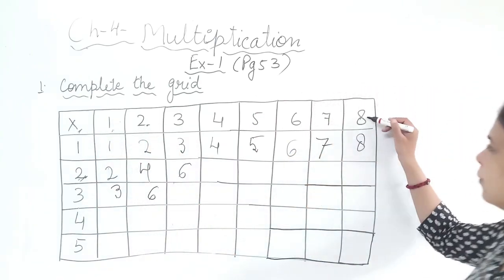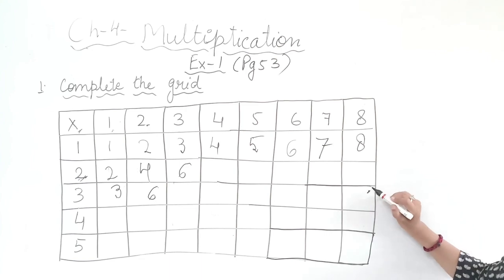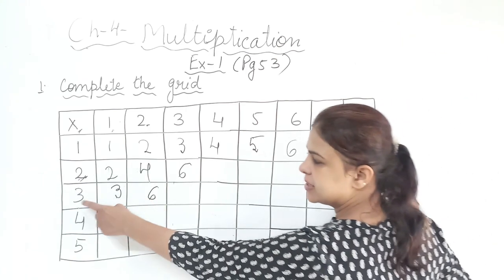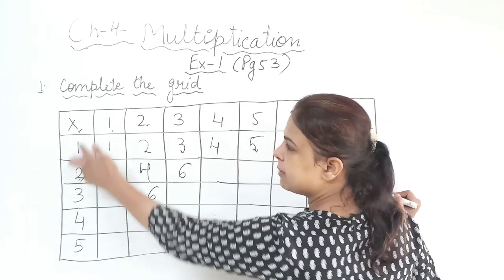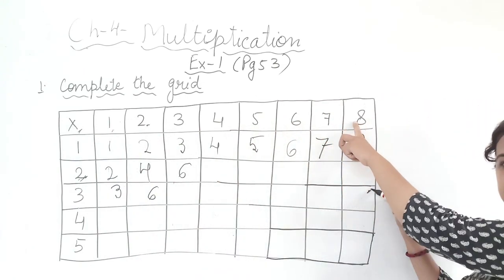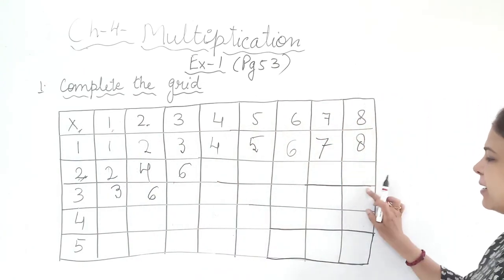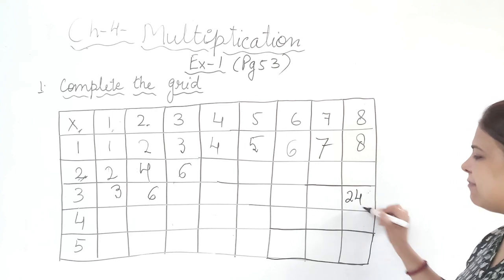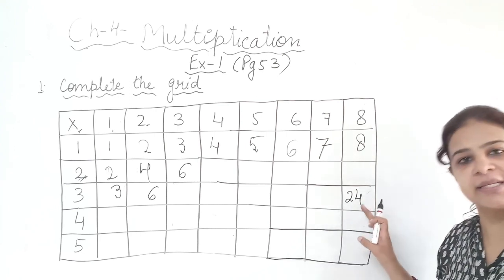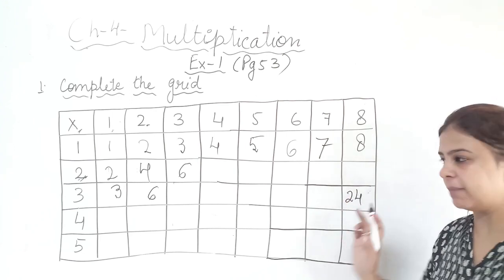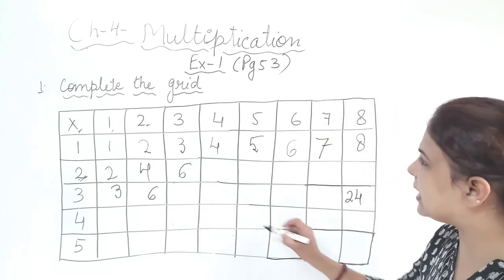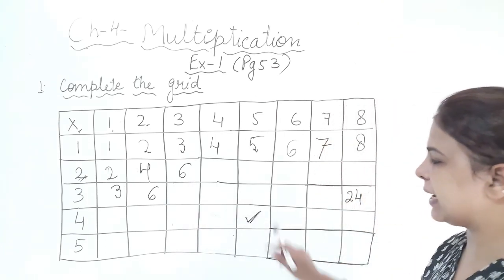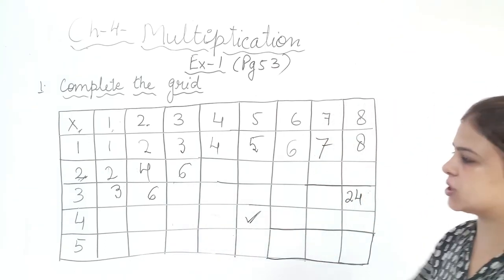Suppose I want to fill this blank number. So I will start multiplying 3 by this number 8. 3 eights are 24. So I will write down 24 in this box. Now suppose I have to fill this box.